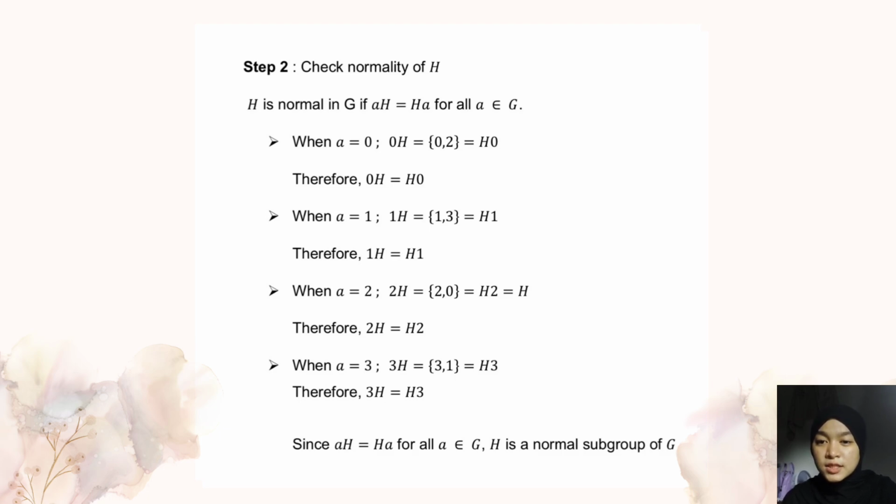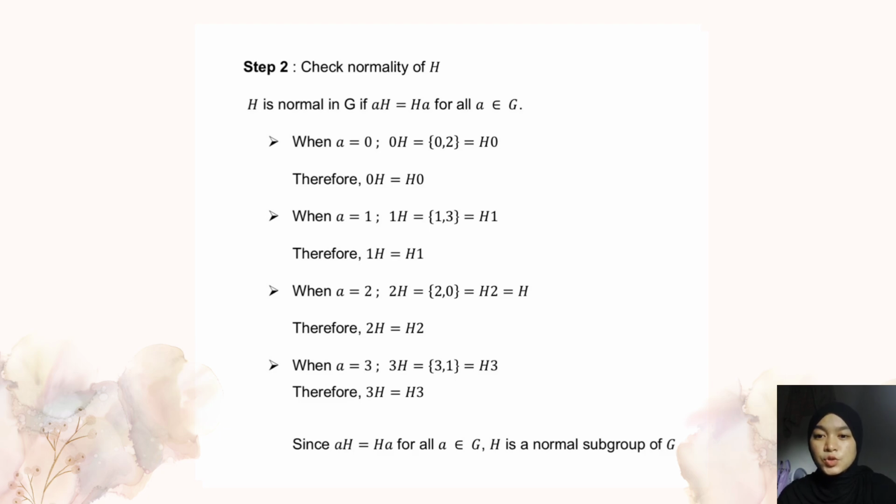Therefore, 0H equal to H0. Okay, when a equal to 1, on left coset, 1H is equal to 1 plus 0, 1 plus 2 equal to {1, 3}, while on the right coset is H1 is equal to 0 plus 1, 2 plus 1 is equal to {1, 3}. Therefore, 1H is equal to H1.